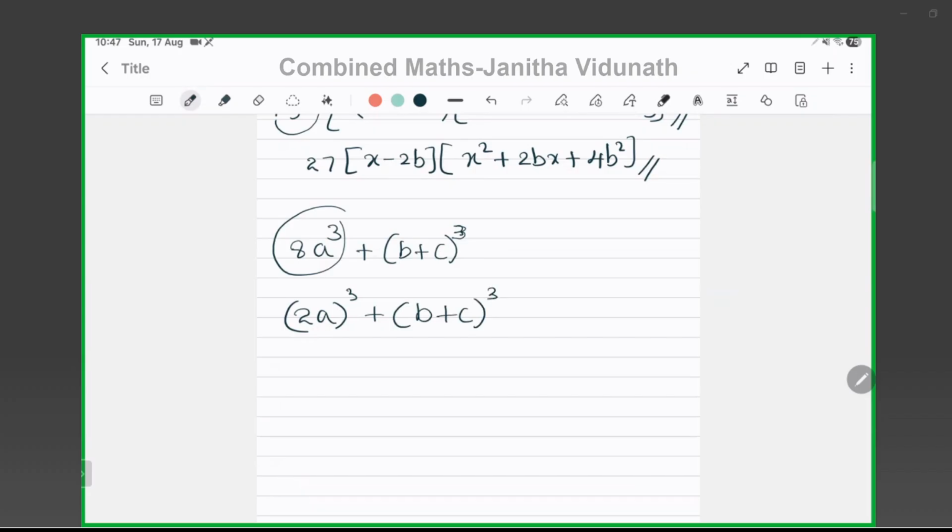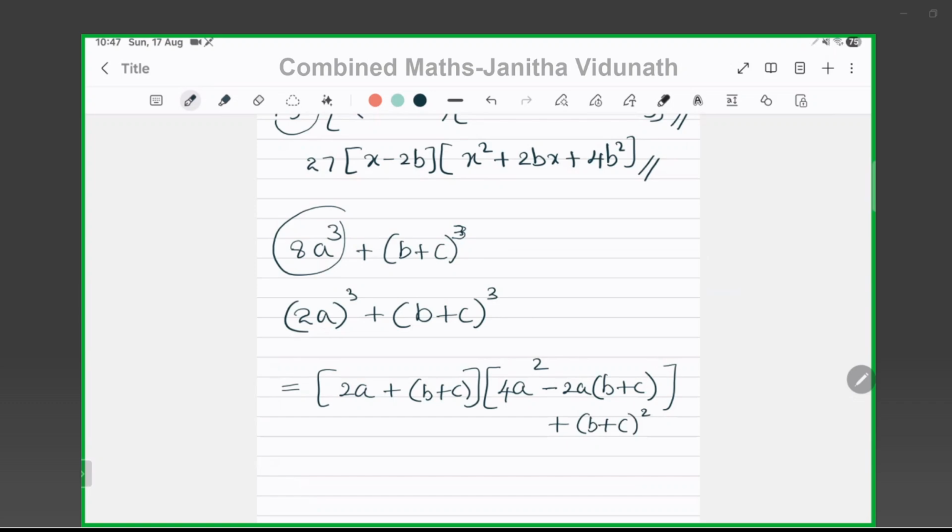Here simply we have sum of two cubes. Then we can factorize this as first term plus second term in our one bracket. In our second bracket, we can write square of the first term minus first term times second term and plus second term whole square.